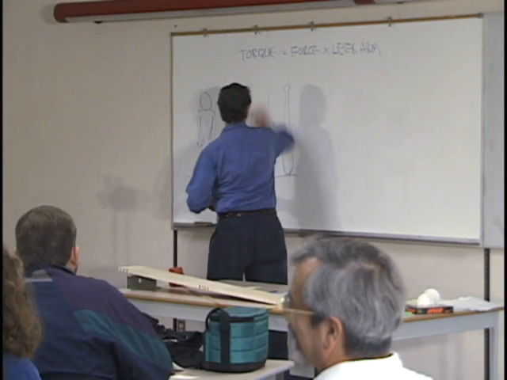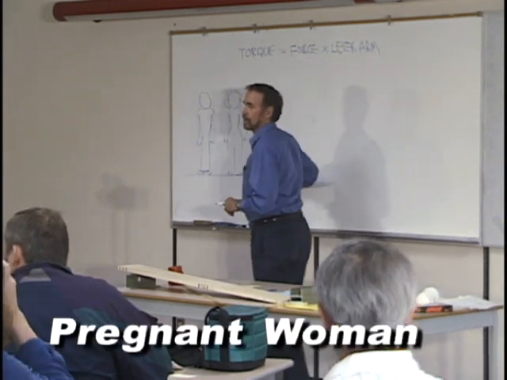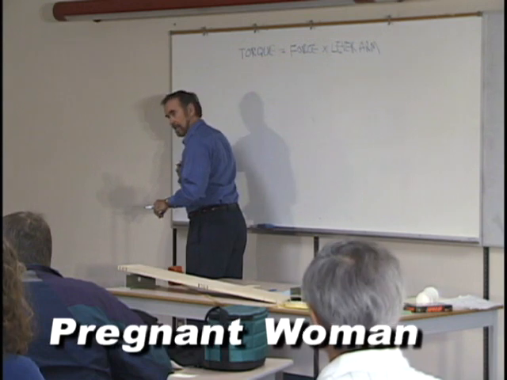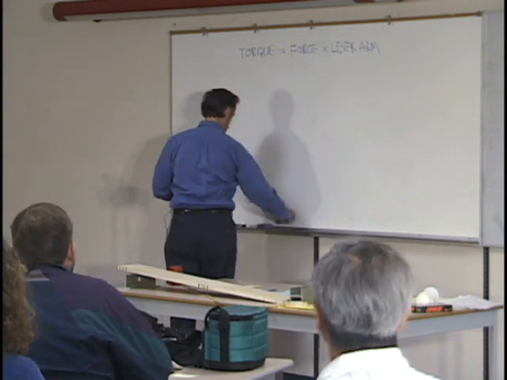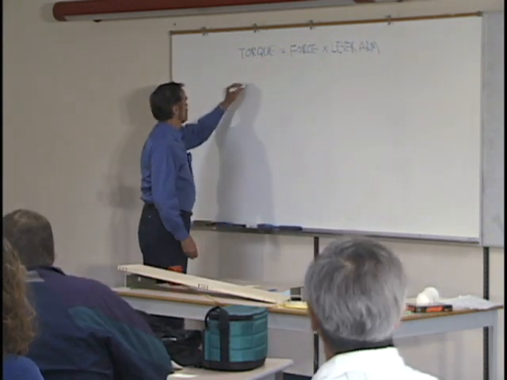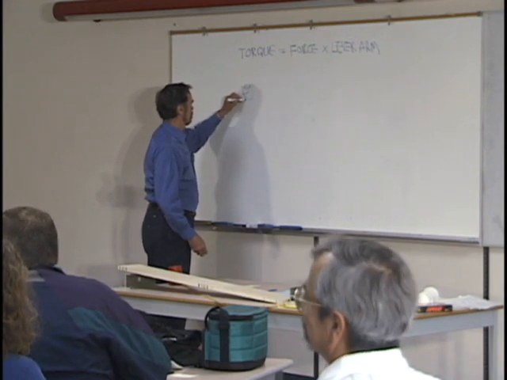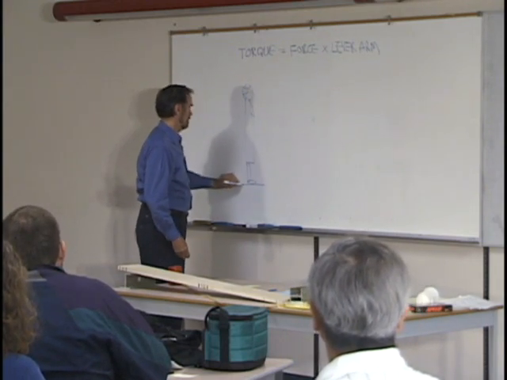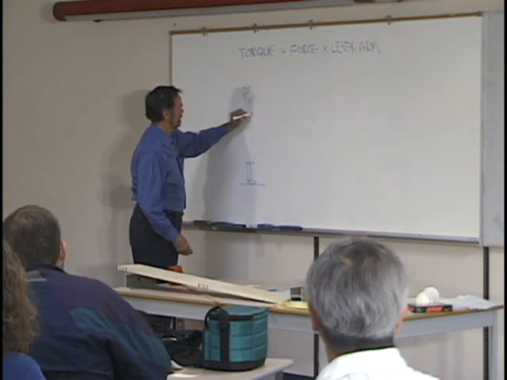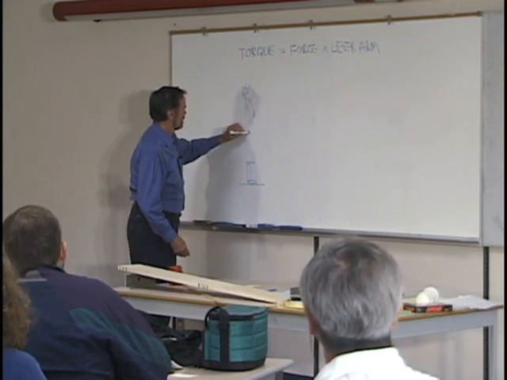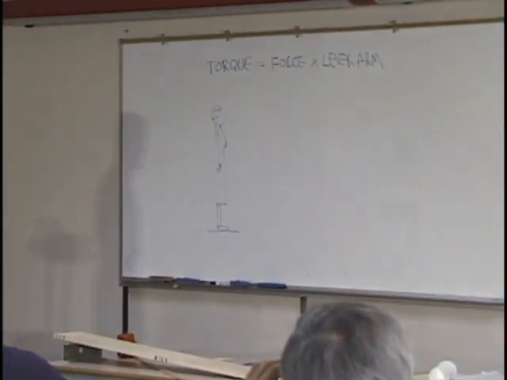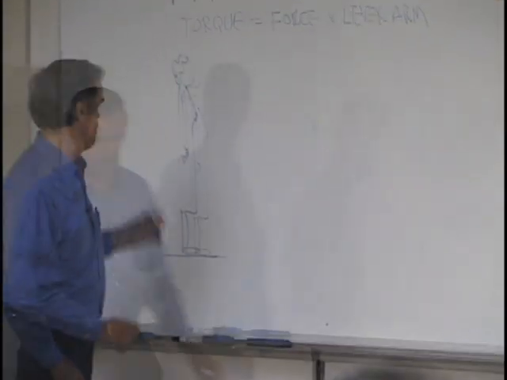Oh, I could talk about the pregnant woman. This is one that's loaded. I was forbidden to do this on an earlier taping of the course. There's an ordinary girl, ordinary woman. Where's her center of gravity?